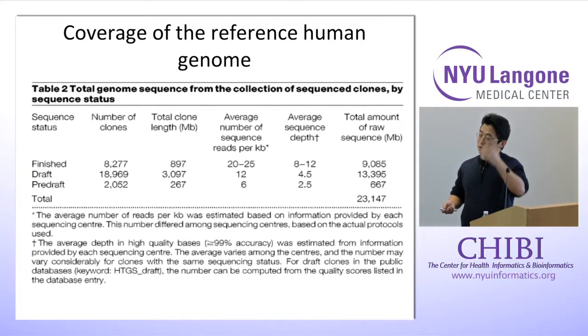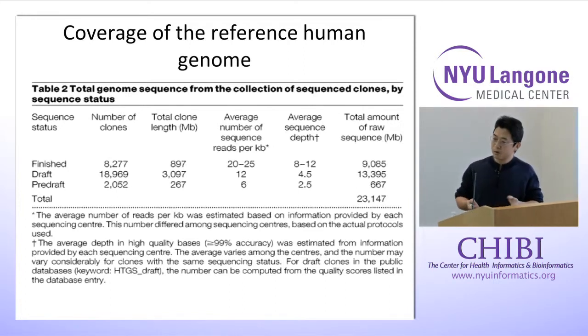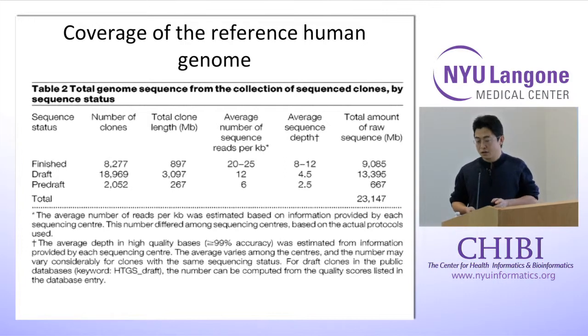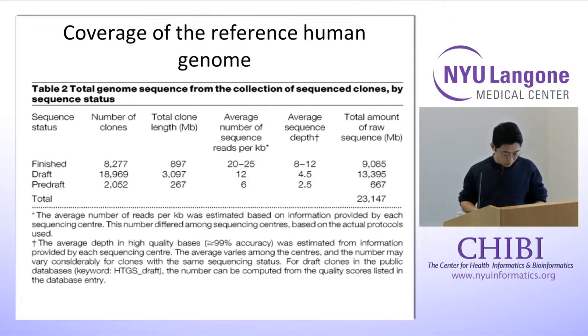At the same time, the dog genome, I think, finished at about the same time. It got about 7 to 8-fold coverage, but still achieved a better quality than the panda genome.